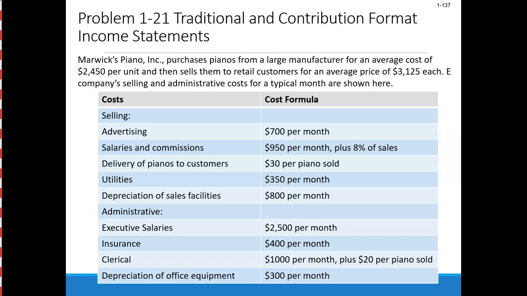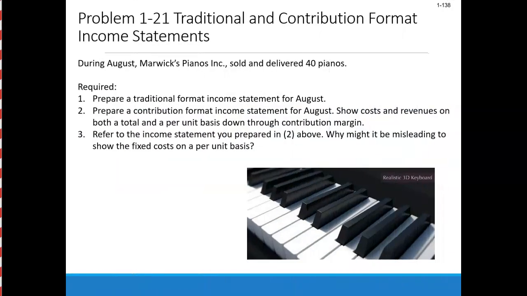Okay, so we've got advertising costs, salaries, the delivery of the pianos, the utility costs, depreciation, all the costs. During August, Marwick Pianos sold and delivered 40 pianos. So they want us to prepare a traditional income statement first, then a contribution format statement.